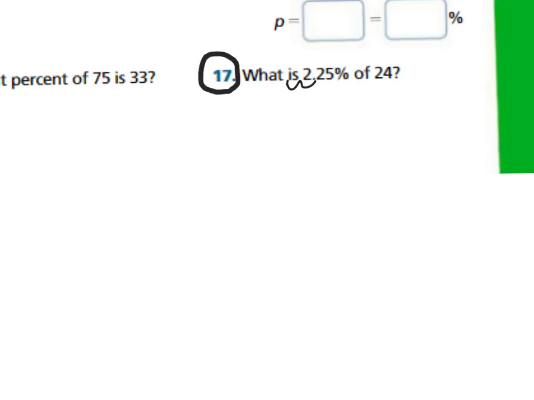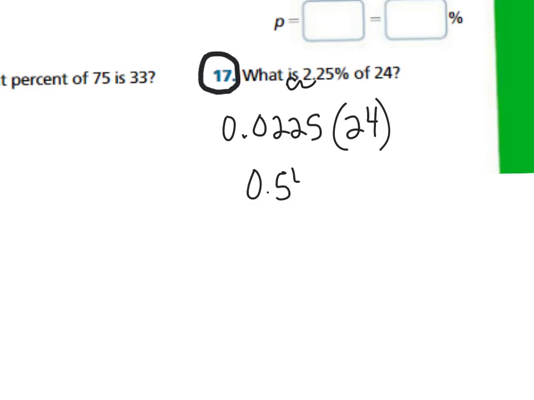Number 17, decimal 2 places to the left, and if you multiply that, would be 54/100.